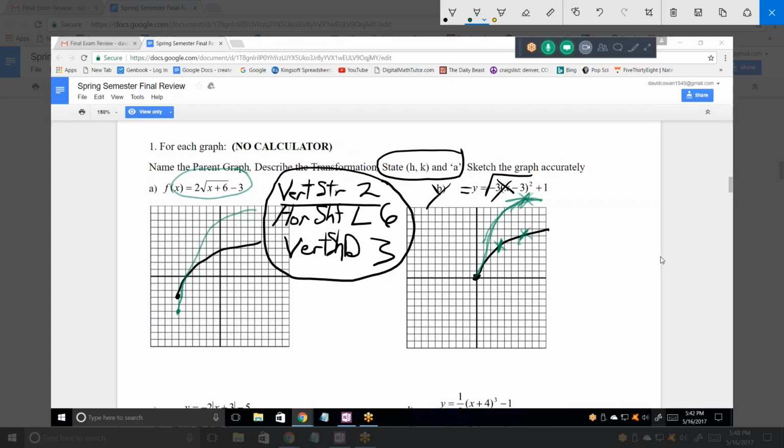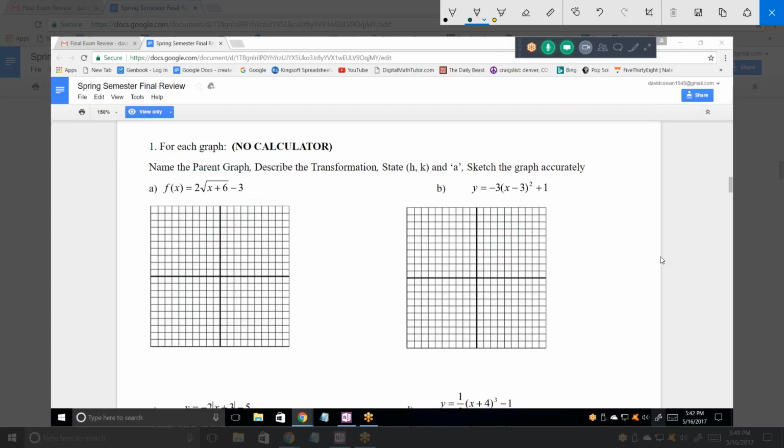Going through 0 in both cases. The vertical stretching does not affect going through 0. Alright. Let's talk about the curve on the right. We don't need to spend a whole bunch of time on it as long as you're comfortable with doing it.